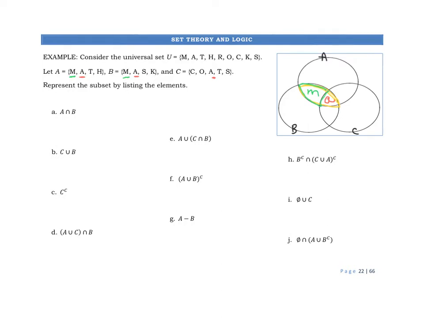All right, so now let's look at this region right here. So we're looking for elements that are in both sets A and C, but they're not in B. So does C have a t? Yes, it does.